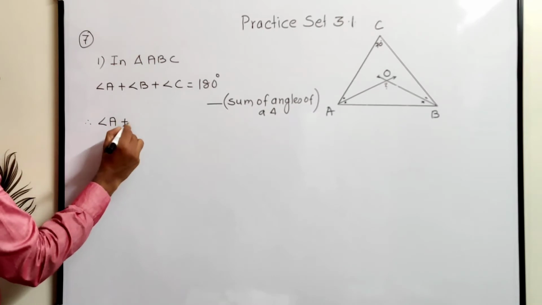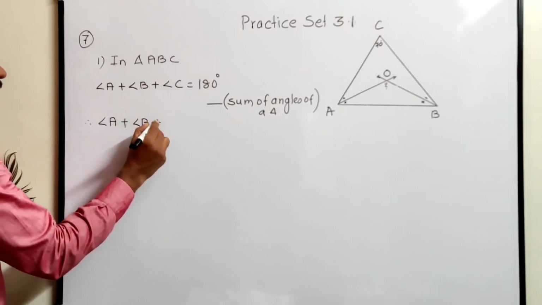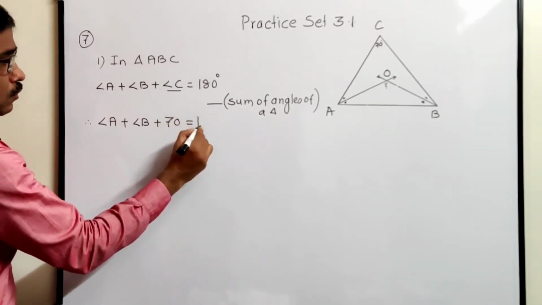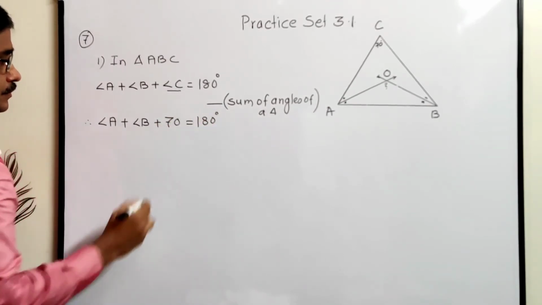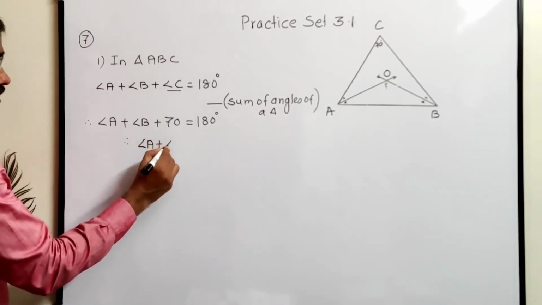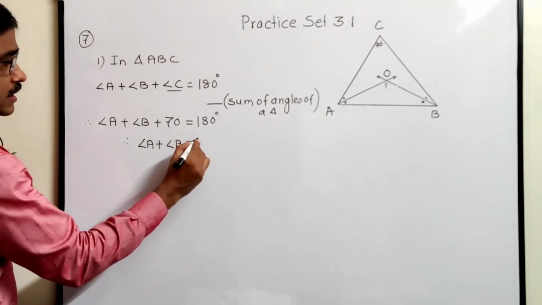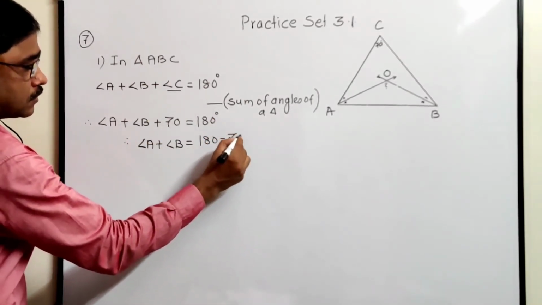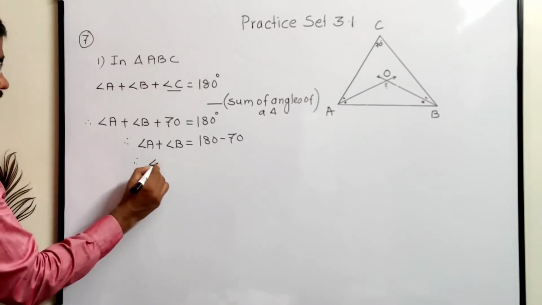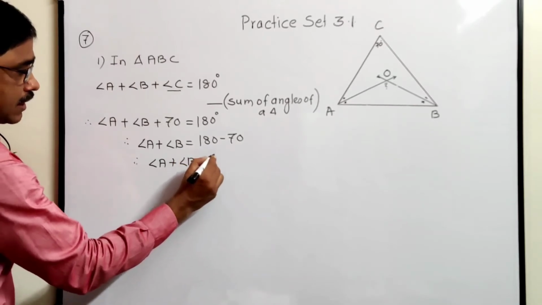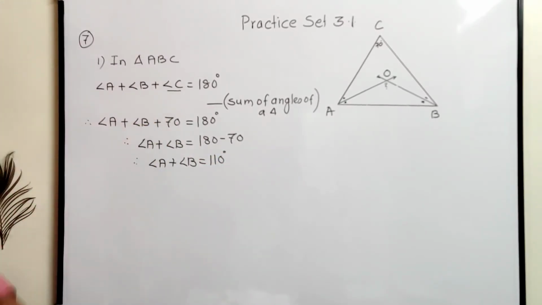So A plus B plus this C, means 70 degrees, is equal to 180 degrees. Therefore, angle A plus angle B is equal to 180 minus 70. So we get angle A plus angle B is equal to 110 degrees.